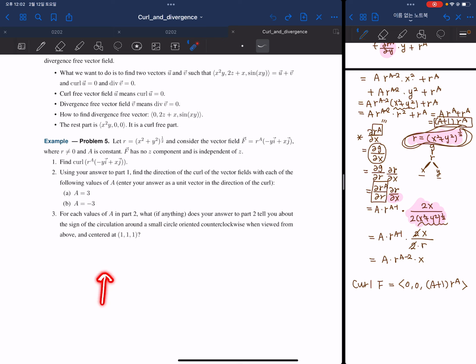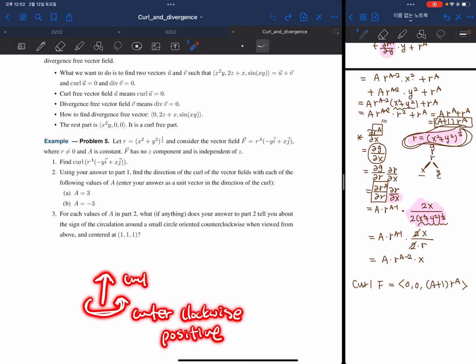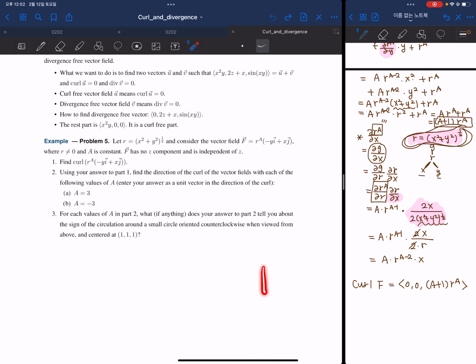Usually we say that if the curl points upward, then the rotation is counterclockwise, and this direction is positive. If the curl vector points downward, then it rotates in the clockwise direction, like this, and in this case we say it is negative.